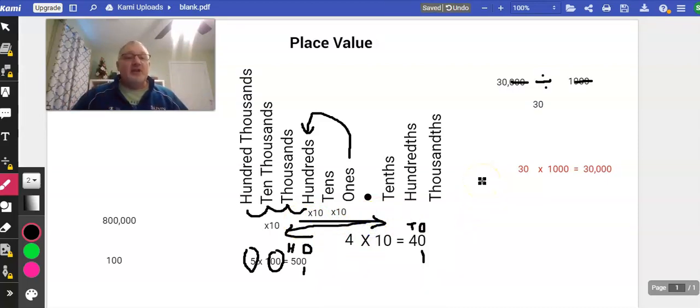And again, that is one of those deep understandings that the Common Core and the state tests that you might be a part of really love to talk about, really love to have questions about, is understanding the value between the places. So as we go one step, we're multiplying by 10 each time, but if we skip and jump over a couple, then we've got to understand that we're multiplying either by hundreds or thousands or 10,000 and so on.